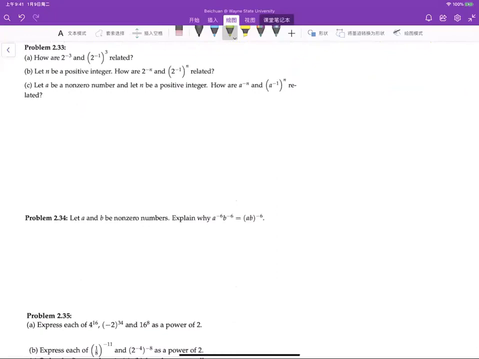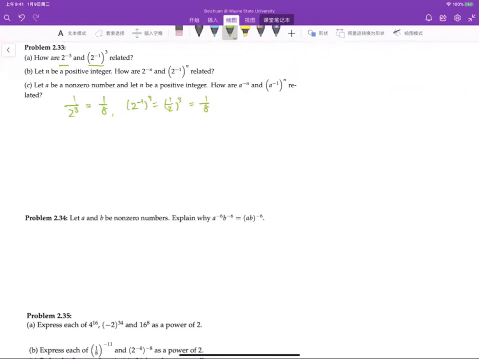So let me do 33 very quick. Okay. So basically you just need to evaluate the two numbers to see what's their relation. Right? So the first one is 1 over 8. So basically that's 1 over 2 cubed. So the second one is 1/2 cubed, which is 1 over 8 again, right?